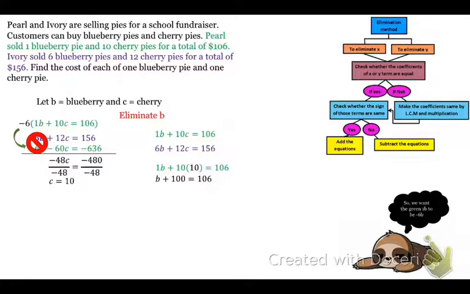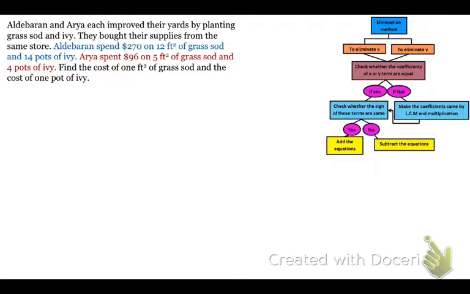So that's B plus 100 equals 106. Subtract that 100, so B equals 6. So that means the cost of a blueberry pie is $6 and the cost of a cherry pie is $10. Which, if you look back at that old video, is exactly what we got when we did this in the other video.